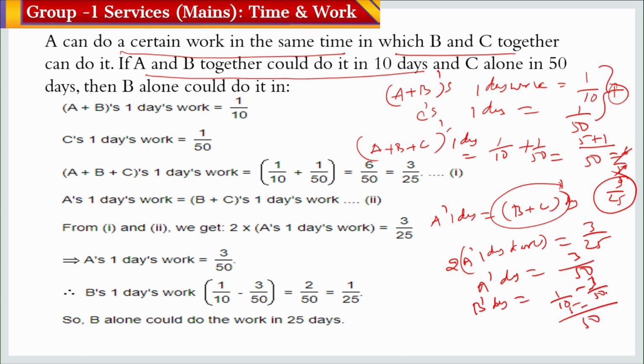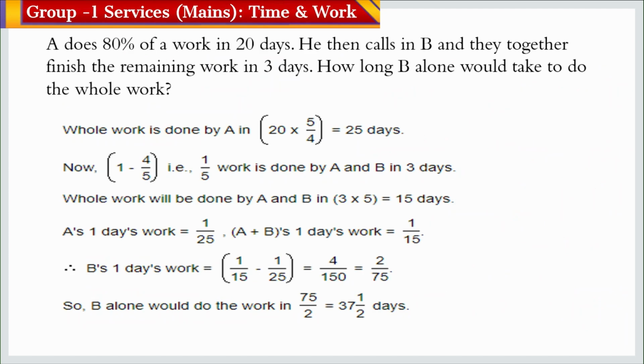It is 5 minus 3, 2/50, 1/25, correct. Okay, what is required here? B alone can do the work in how many days? B can alone do that work in 25 days, correct. In this manner, you can calculate the work done by B alone.